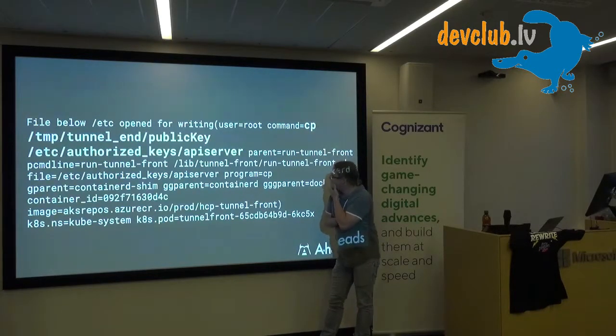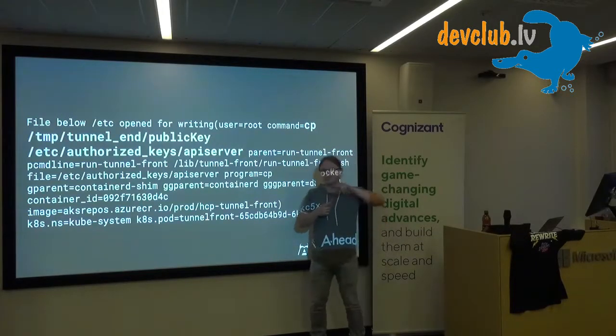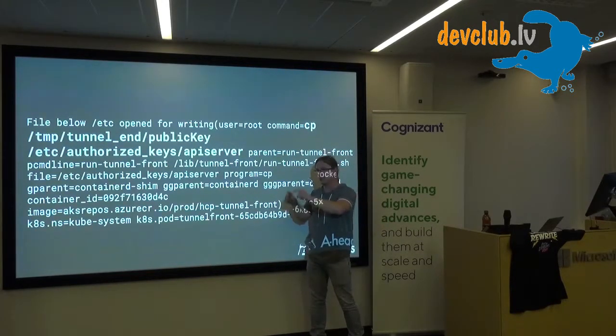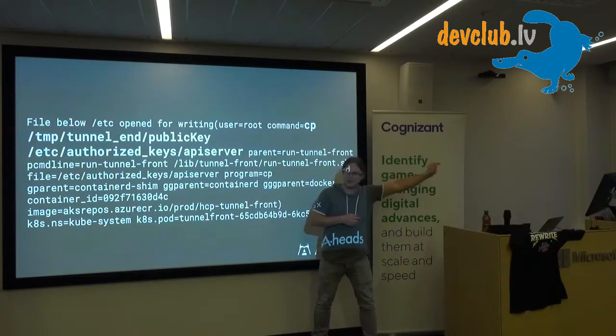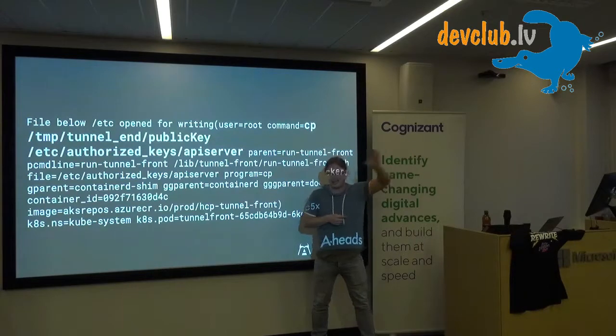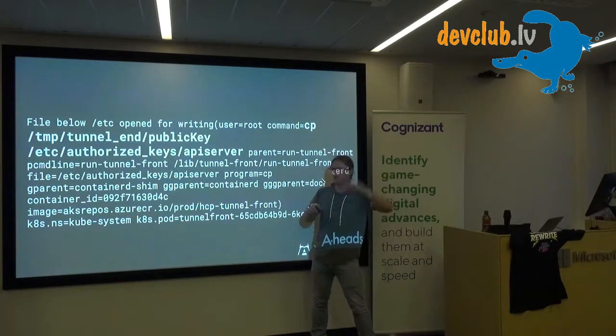But it appeared that this piece of software is keeping an SSH connection from your Kubernetes nodes that run in the private network to the Kubernetes master that runs somewhere in Azure services, but definitely not in your network.